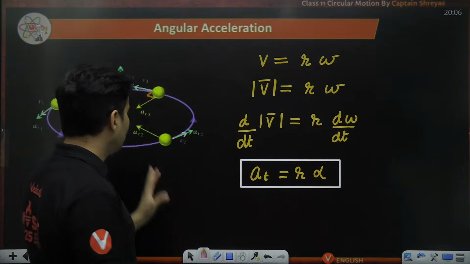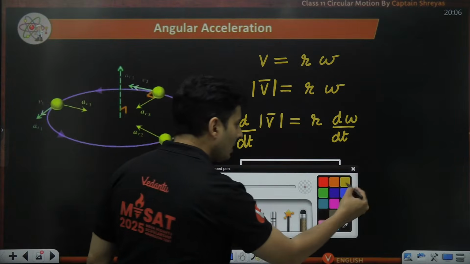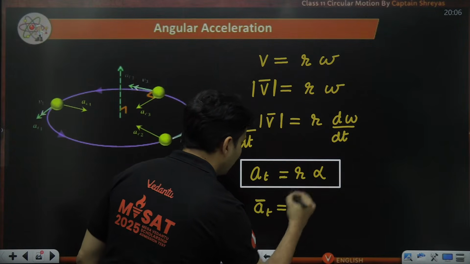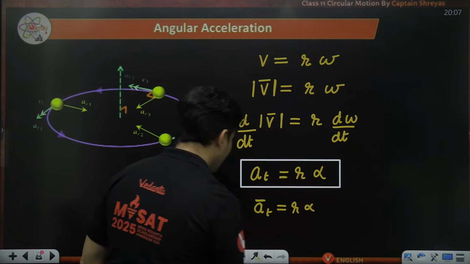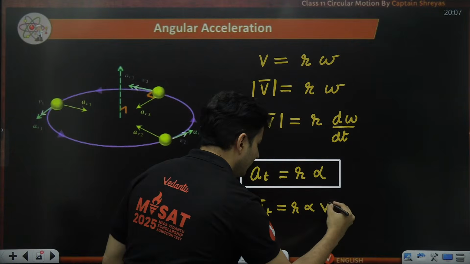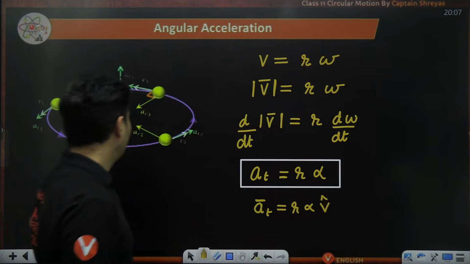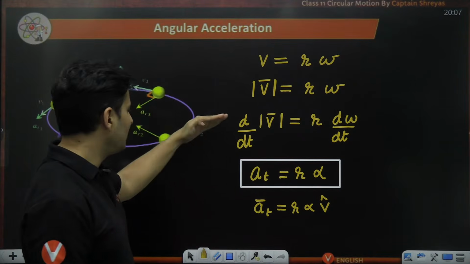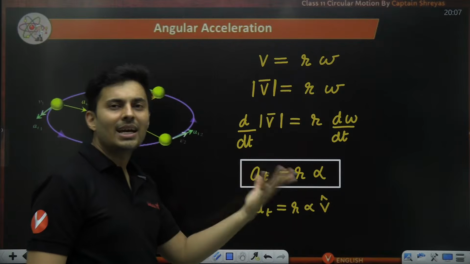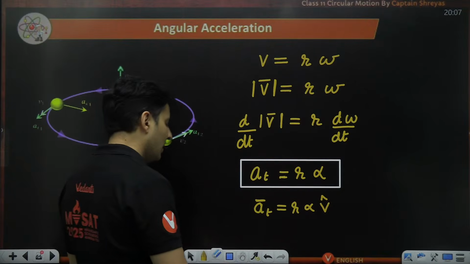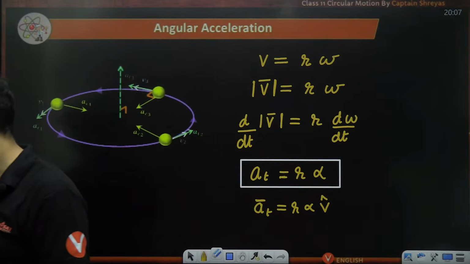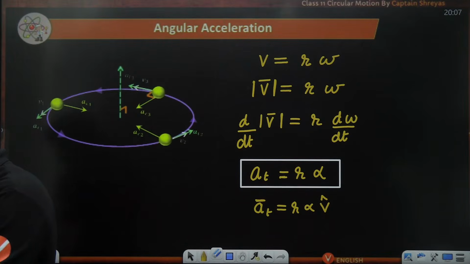So the AT vector, if you ask me, will be whatever r alpha is, but just put v hat. Why v hat? Because wherever velocity is, it is in the same direction, along that tangent. It's one easy way of looking at it.